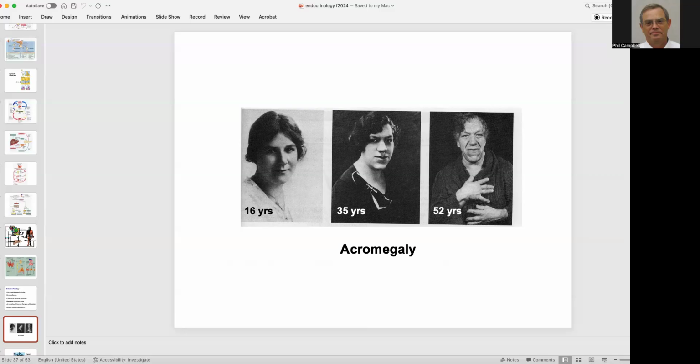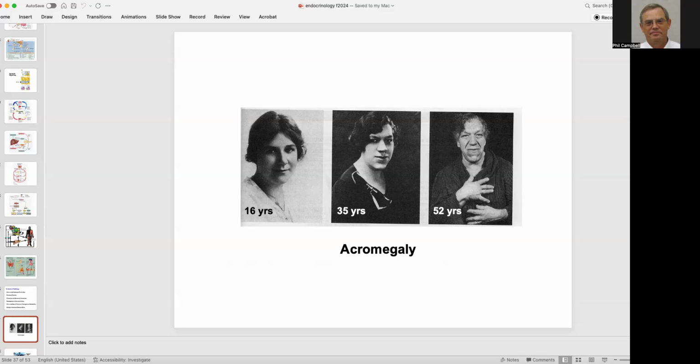Now, this young woman is 16 years old. She is an adult, at least in terms of skeletal maturity, because she stopped growing at puberty, around 13. So she is not growing anymore. Looks normal. We go to 35 years, same person, but notice that there are some physical changes.